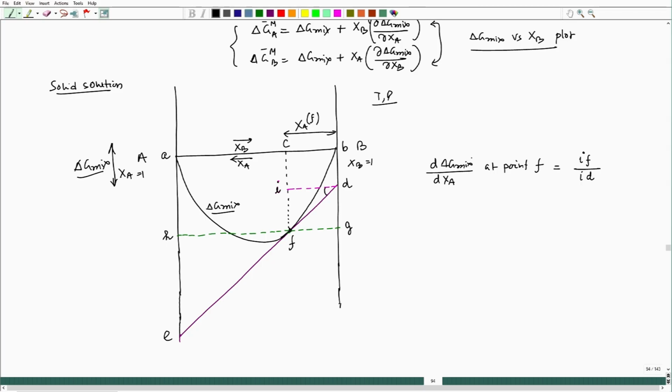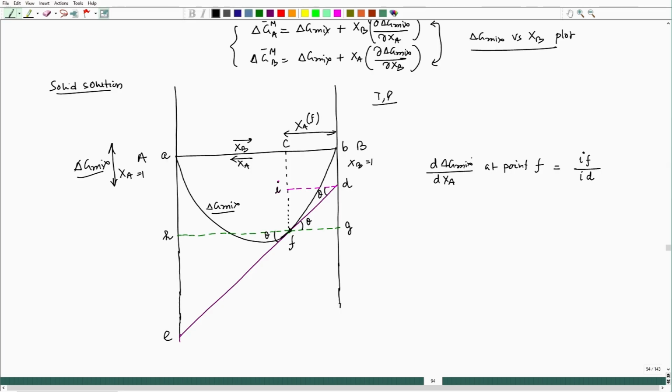Now, this green line and this pink line are both parallel. So I can write this particular angle as theta, and this should also be theta, and this angle is also theta.